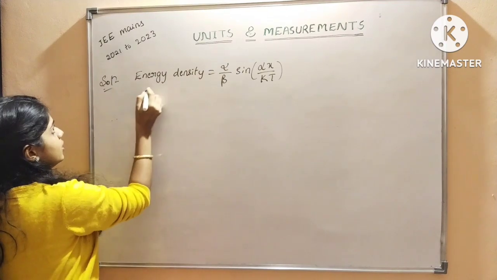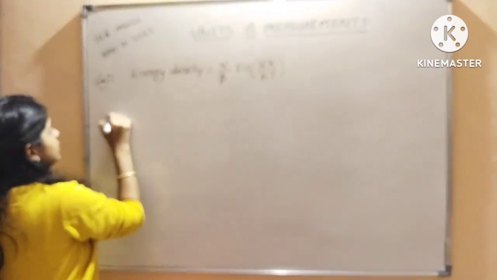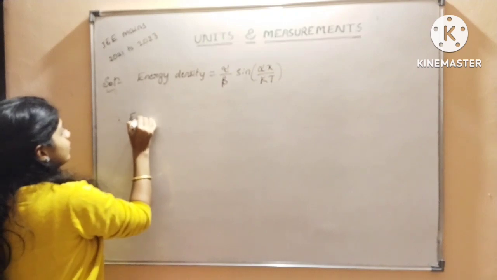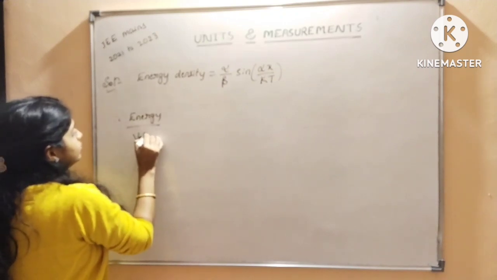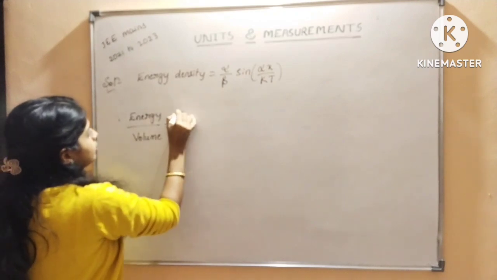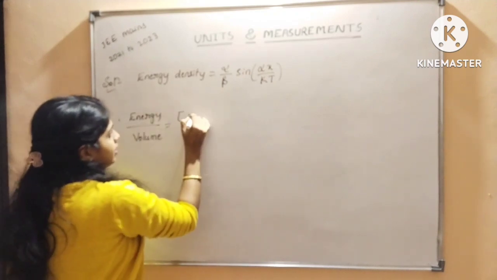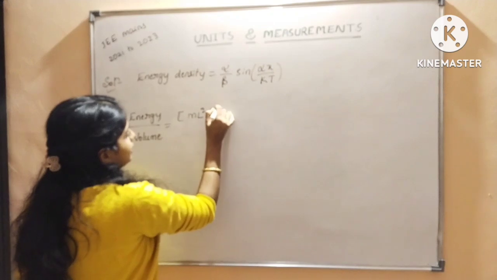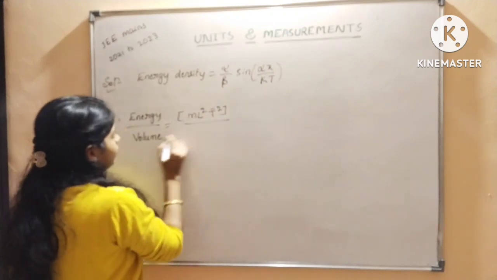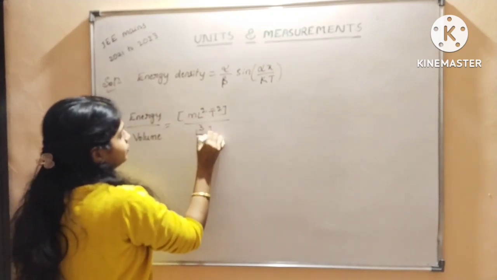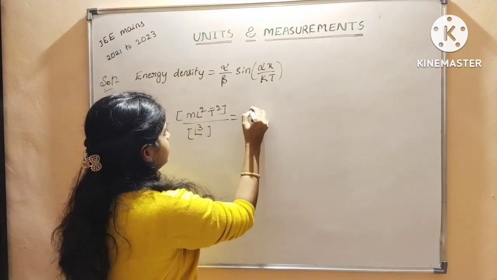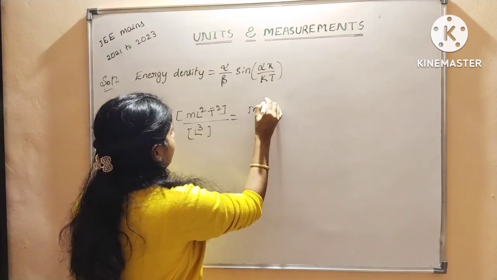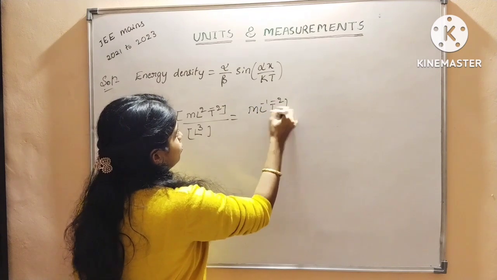Therefore, the dimension of energy density, which means energy by volume, equals the dimension of energy, m L square t raised to minus 2, by volume, which is L cube. Therefore, the dimension of energy density is m L power minus 1 t raised to minus 2.